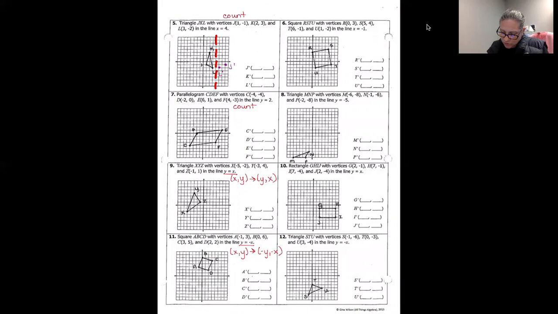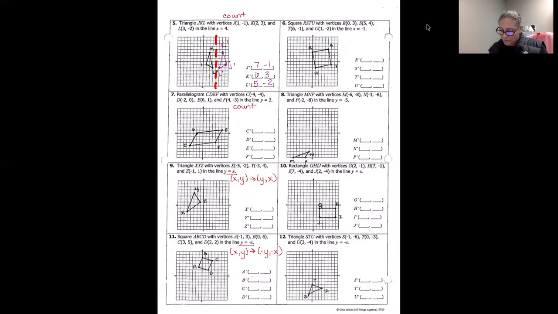K is 2 and 2 in the opposite direction. And then you connect your dots. And then we're going to write out our figure, J is going to be (7, -1). K is going to be (6, 3). And L is going to be (5, -2). Those are the ordered pairs for that figure.